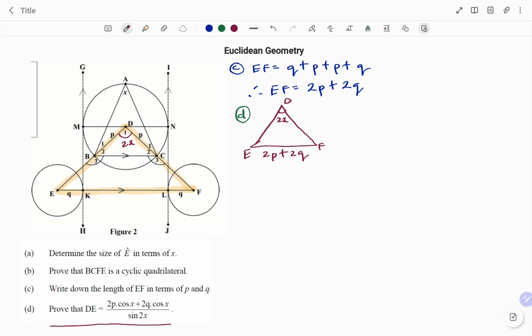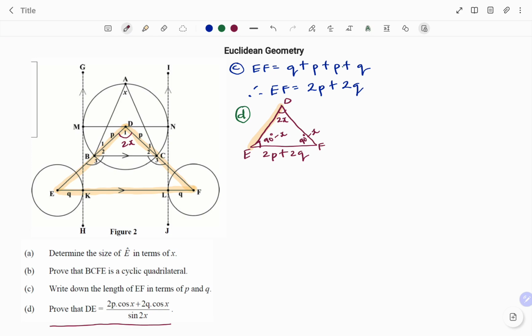Also, angle E, I was able to calculate that to be 90 degrees minus x. So therefore, angle at F is also 90 degrees minus x. To find the line DE, as shown, I'm going to apply my sine rule.